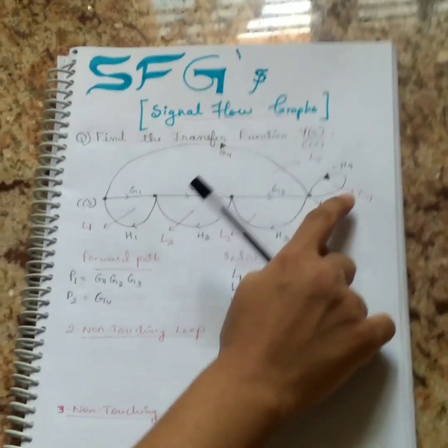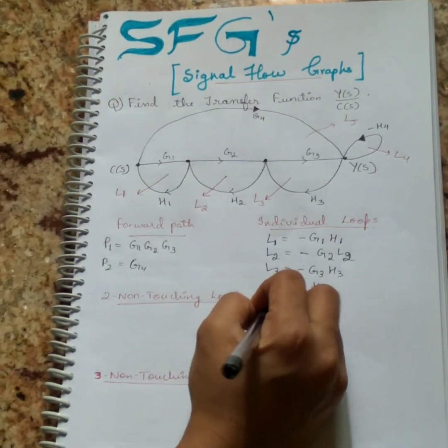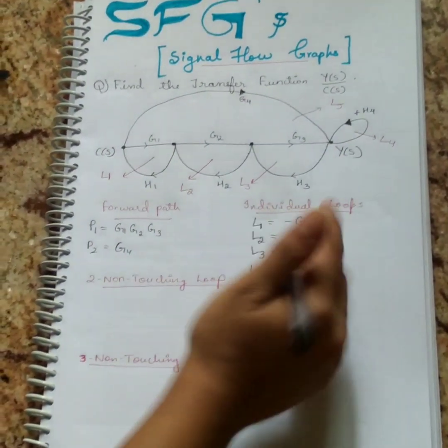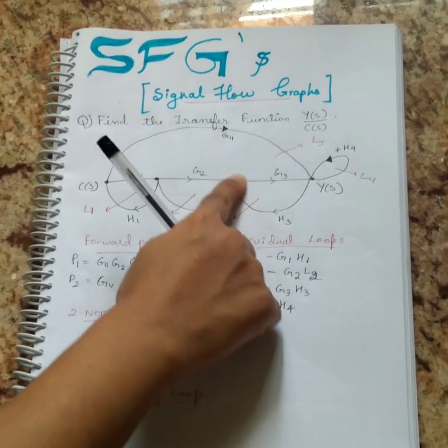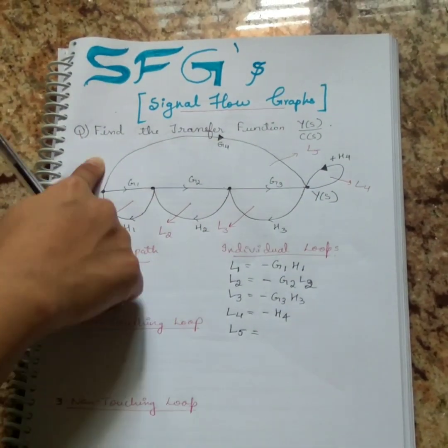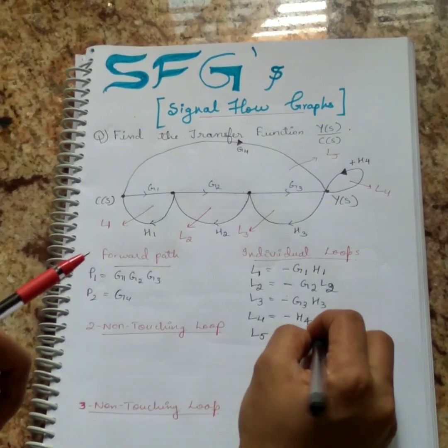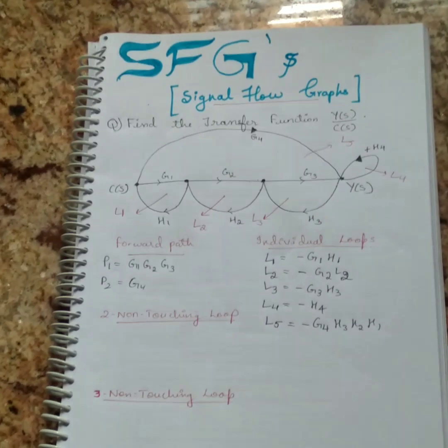L4 is a self loop, so it is just minus H4, and L5 is G4, H3, H2 and H1, so it is minus G4 into H3, H2 and H1. These are the individual loops.